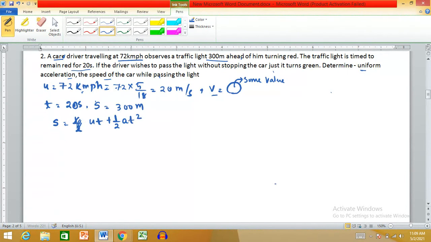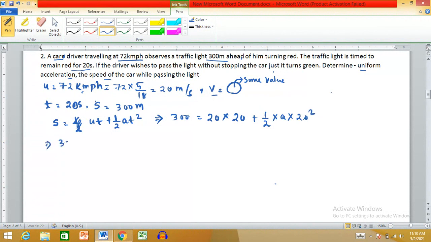Always try to check what data is given and which formula it suits, so that you will easily get the unknown value. So we have S. I'm writing it here in order to save some space. 300 is equal to ut, u is equal to 20, t is again 20, plus half a, t is equal to 20 square.